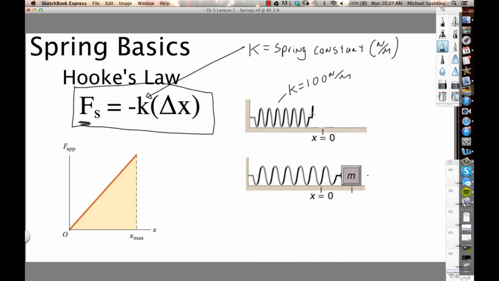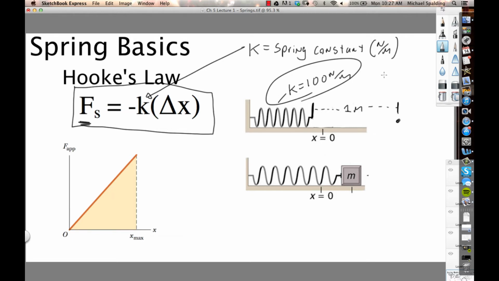If I grab that spring and I stretch it 1 meter, would that spring be giving me a force? Yes. In fact, what would the force of the spring be? If you knew that the spring constant was 100 newtons per meter and you stretch the spring 1 meter, what would be the force of the spring? 100 newtons.